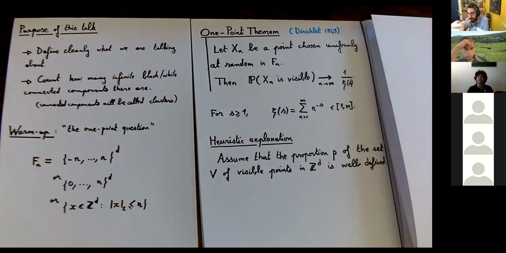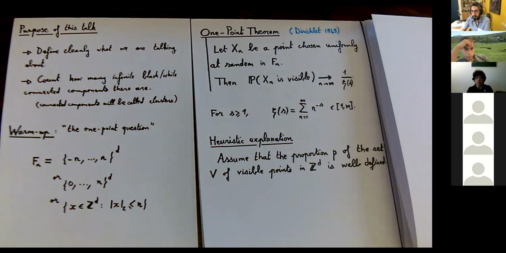Then the probability that x_n is visible converges, when n goes to infinity, to 1 over zeta(d). And zeta denotes the usual Euler-Riemann zeta function. Here it's more due to Euler than to Riemann because we don't need a meromorphic extension at all. So for any real number s larger than or equal to 1, we have zeta(s) given by this usual formula.